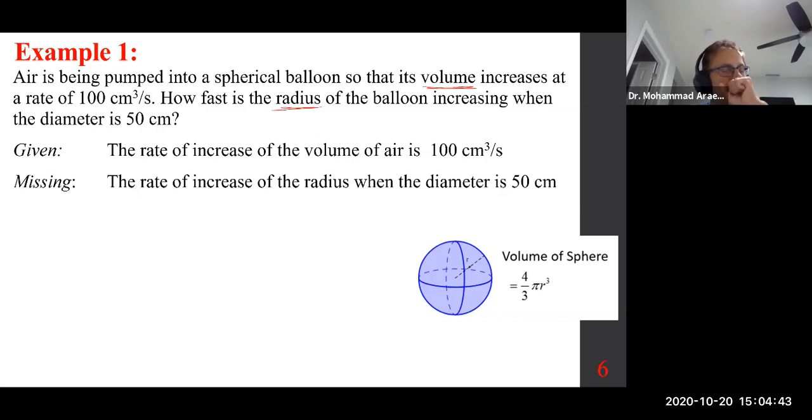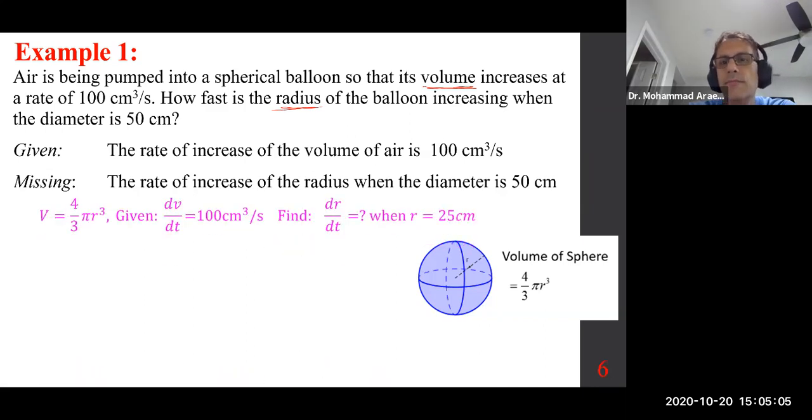Remember, the volume is 4/3 pi r cubed. dV/dt is given as 100 cubic centimeters per second. We are interested in finding dr/dt at a specific moment when r is 50/2.